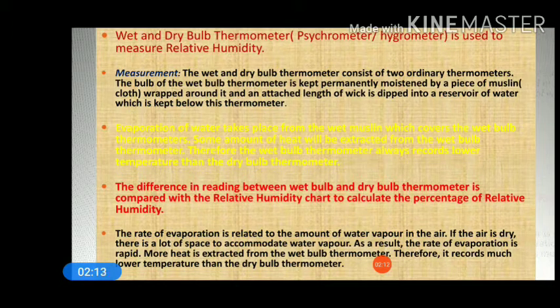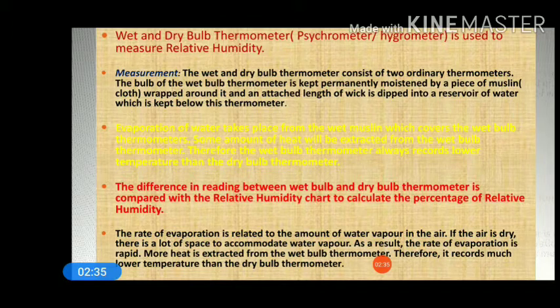Therefore the wet bulb thermometer will always record a lower temperature than the dry bulb thermometer. The dry bulb obviously records the drier temperature, but here, due to evaporation from the wet bulb thermometer, the temperature reduces further, so it records the lower temperature.